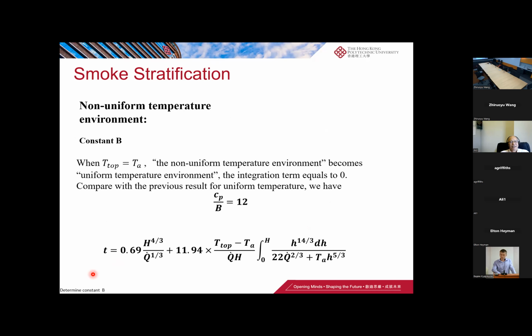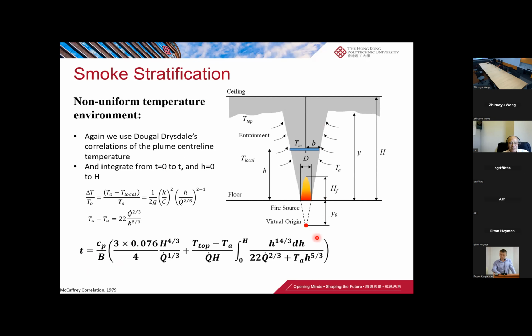I thought maybe we need to use experiments, but experiments would be very complicated. There are so many variables. If the constants are unknown and all other known variables become variables, it is impossible to do experiments to determine the constant B.